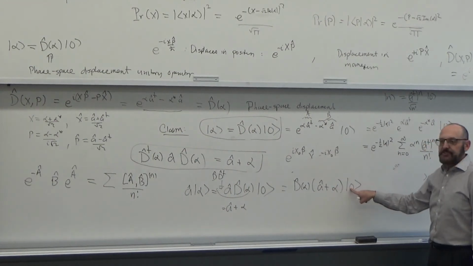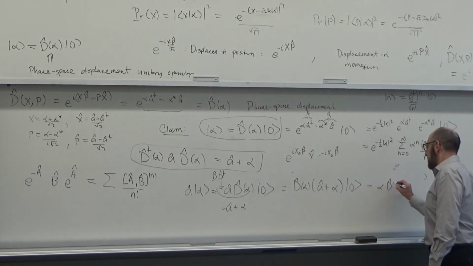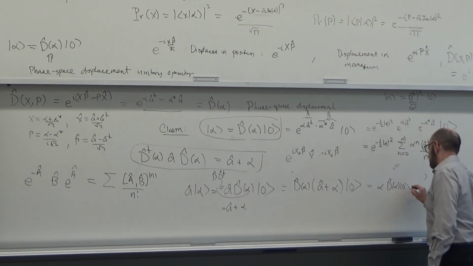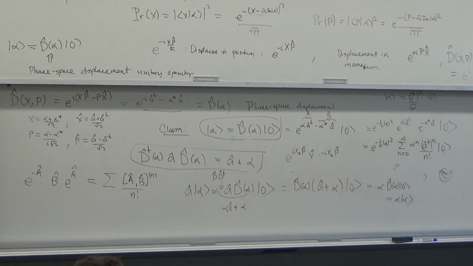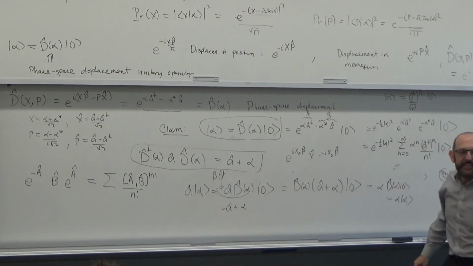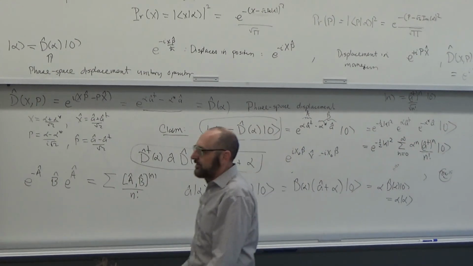A acting on the vacuum annihilates it. So this is equal to alpha times the coherent state. So indeed, this is an eigenvector of A, the annihilation operator, with eigenvalue alpha. There are so many of these tricks of the trade, and we just got to get used to them. The displacement operator is a good one. You can use this all over the place.